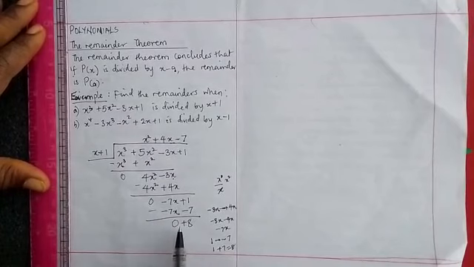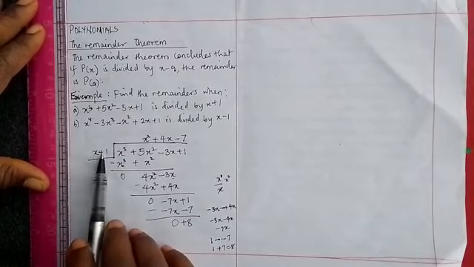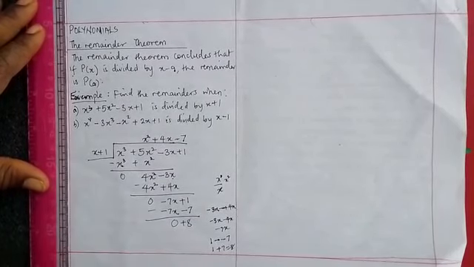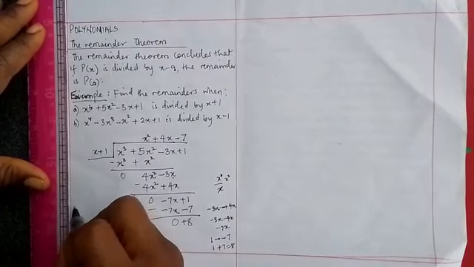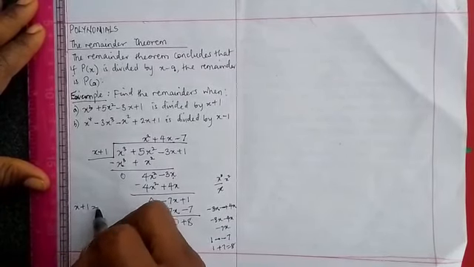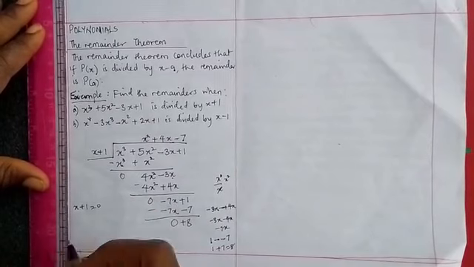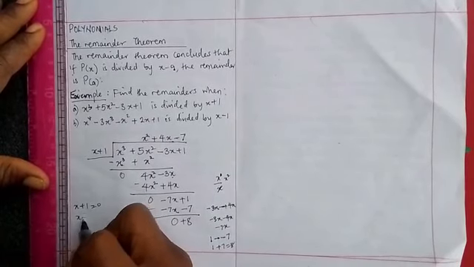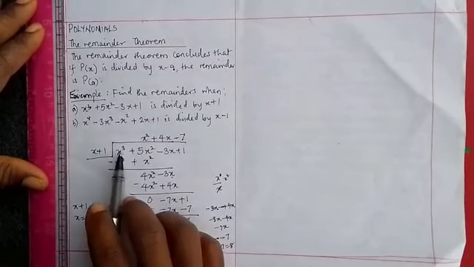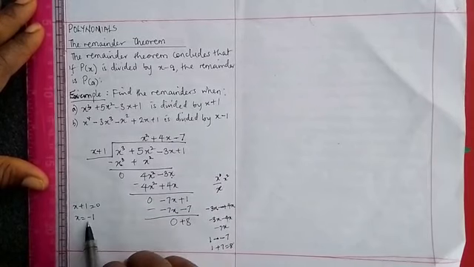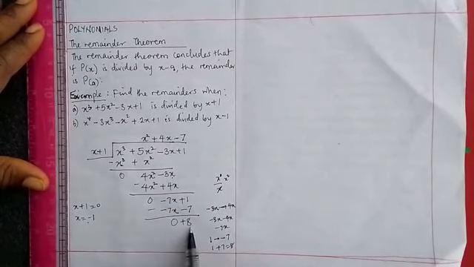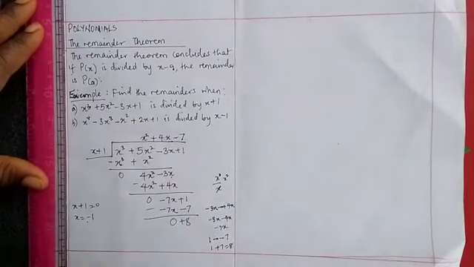So let's see if we attach this value. Look at what it means. X plus 1 is equal to 0, so we have x is equal to minus 1. Anywhere we see x, we input minus 1 to see if our remainder will give us 8. That's what the theorem states.